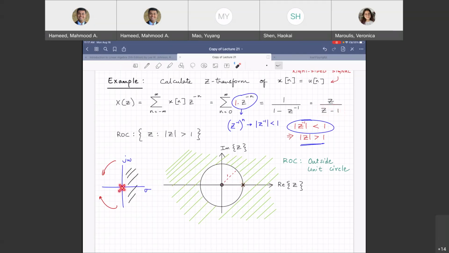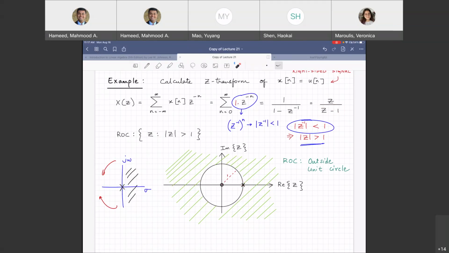This pole is because in our Laplace domain you had a 1 over s. So for u of t, you didn't have a 0, you just had a pole. For u of n, you have a 0 and you have a pole. Pole is what is dictating the boundary of that ROC.